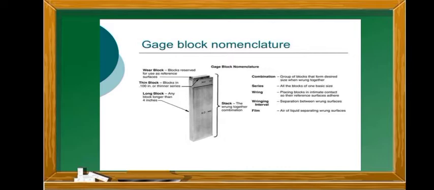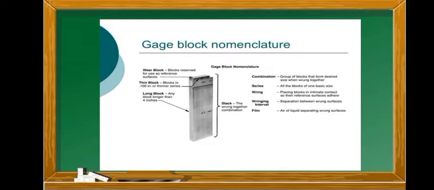Ringing interval: separation between rung surfaces, and film, air or liquid, separating rung surfaces. So in a stack of gauge blocks, we can observe another block. So this is called a wear block. So blocks reserved for use in reference surfaces.